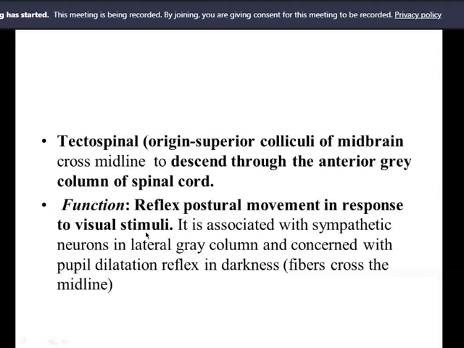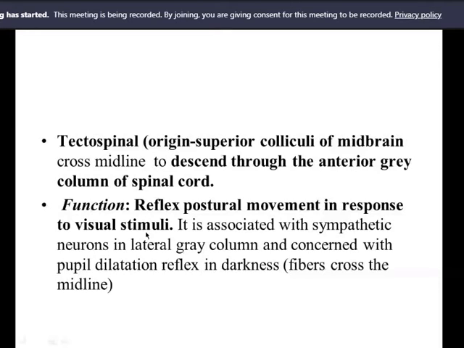Am I clear? So from the midbrain the tectospinal tract arises, and if there are some changes in the visual field, so reflexly the muscle becomes stretched, maybe some flexor muscle, maybe some extensor muscle, to keep the body in the right position.